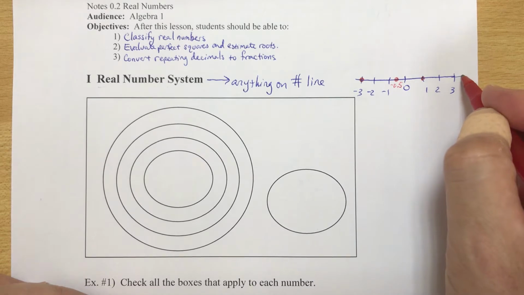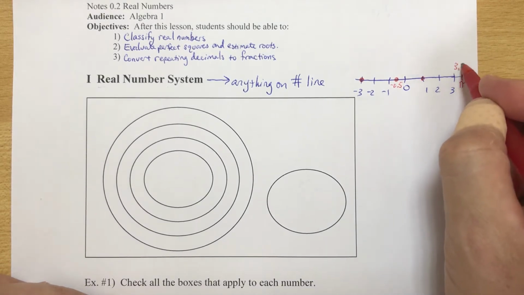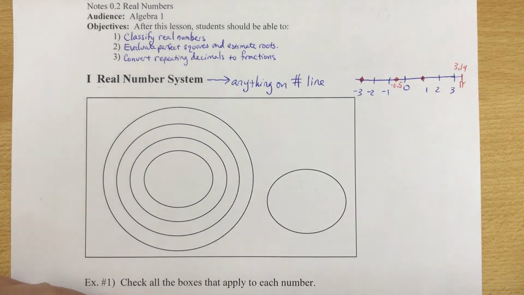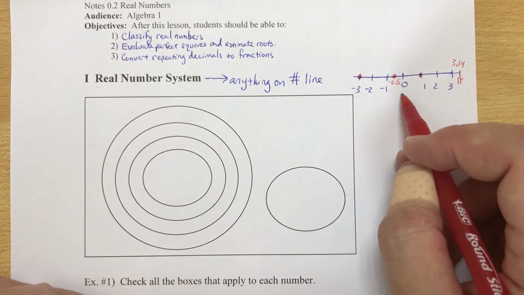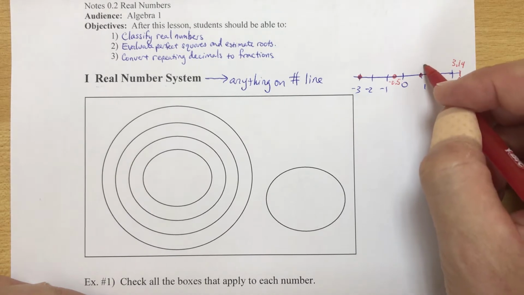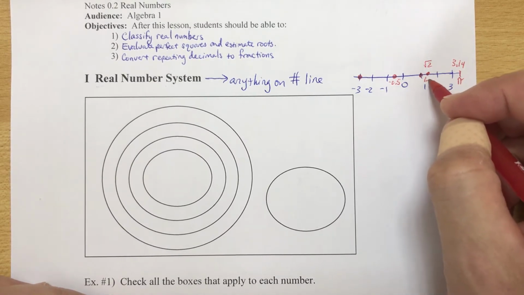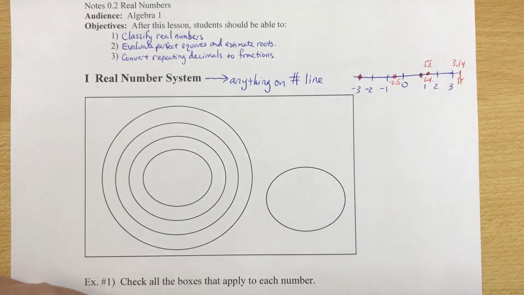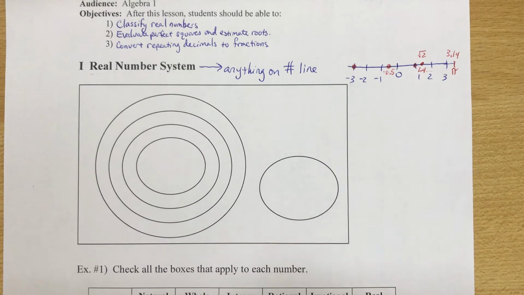I could even plot a number such as pi, which is approximately 3.14. Okay, so you can put decimals on there, you can put fractions on there, you can put integers on there. Something like the square root of 2, which is what we call an irrational number, which is like 1.4, and it keeps going and going and going. So anything that I can put on the number line is part of the real number system.